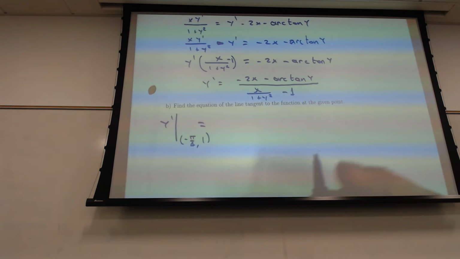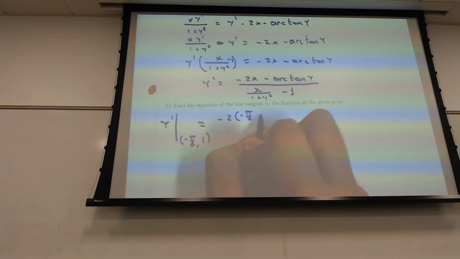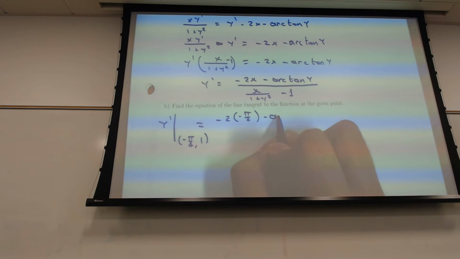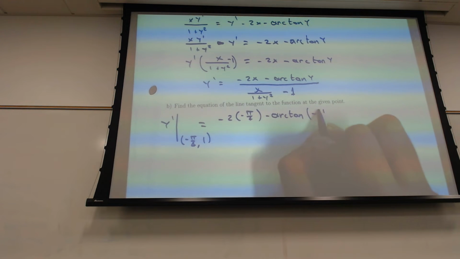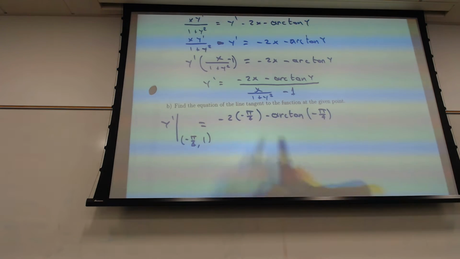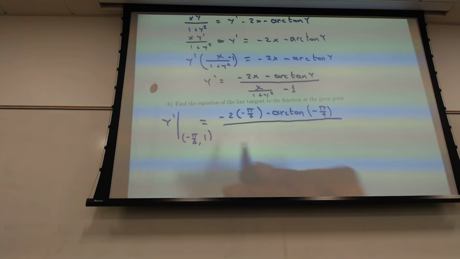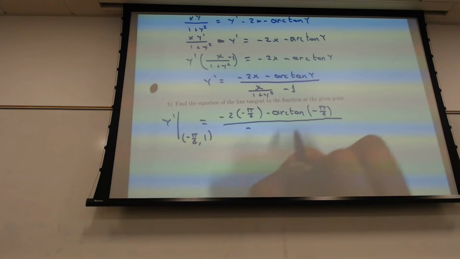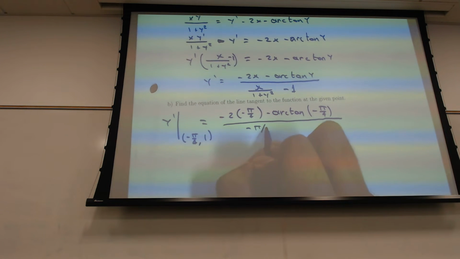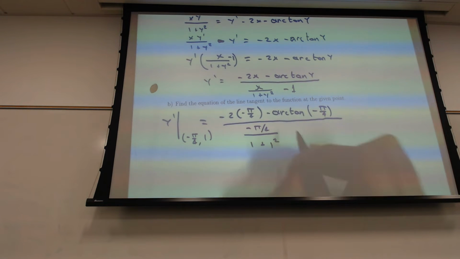So negative 2 times negative pi over 4 minus arctan of negative pi over 4, divided by x, which is negative pi over 4, divided by 1 plus 1 squared minus 1.